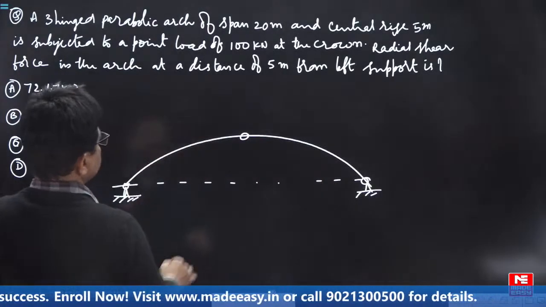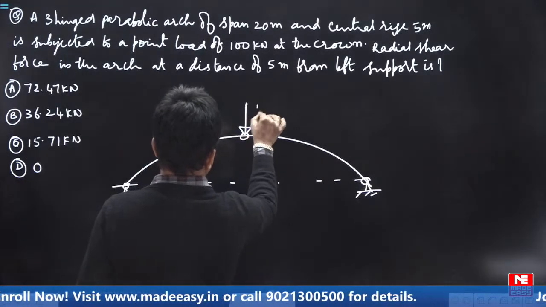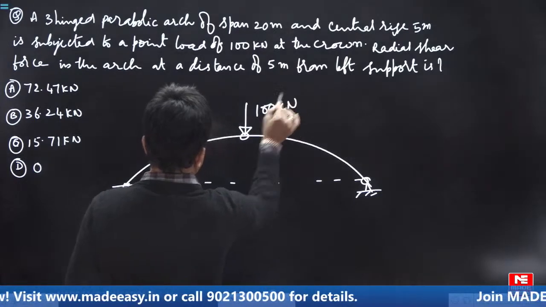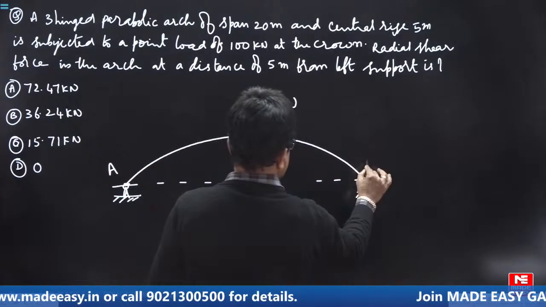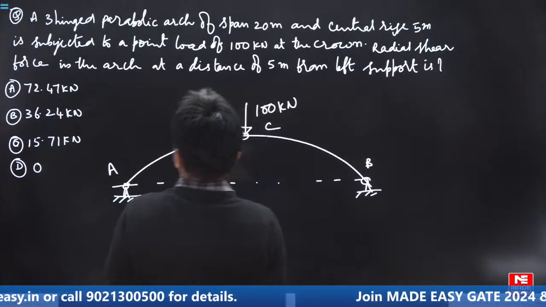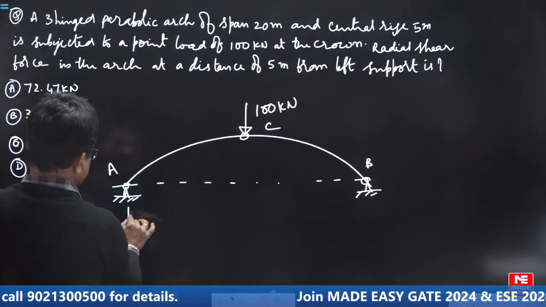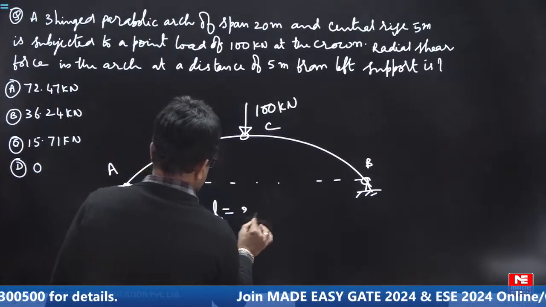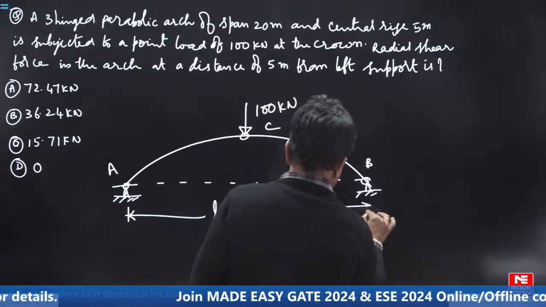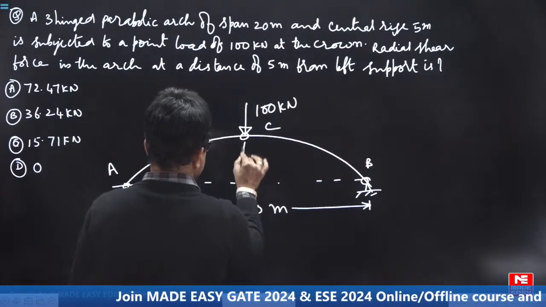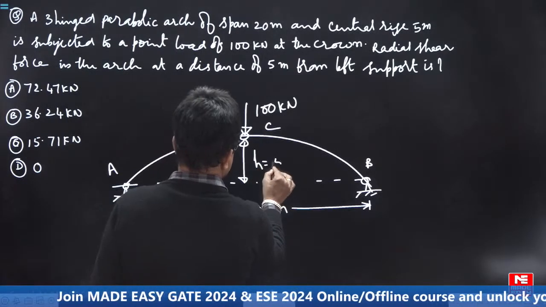Hundred kilonewton at crown. This point let us say A, B, C. 5 meters, span is 20 meters. Now L is 20 meters and central rise 5 meters.